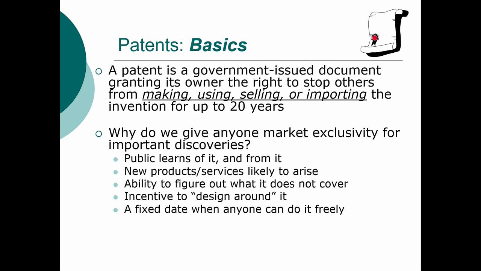So if you know about a particular patent and want to come up with your own version of the product, you can try and figure out a different way, in which case you've potentially invented something entirely new. And finally, and perhaps most importantly, once the government issues a patent, we know when that patent will expire, and everyone can now copy it freely. If people keep it secret, it's a valuable secret for as long as they can keep it secret.